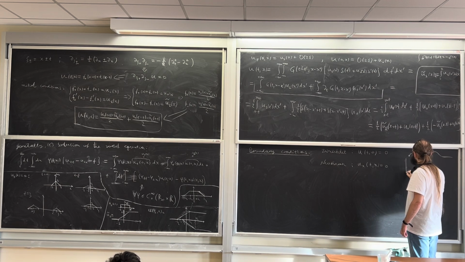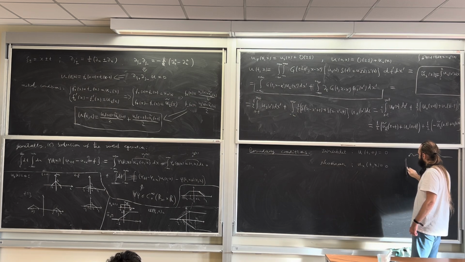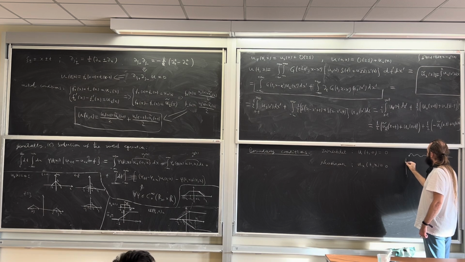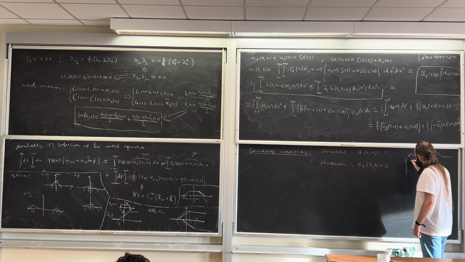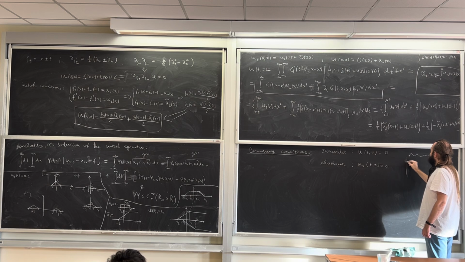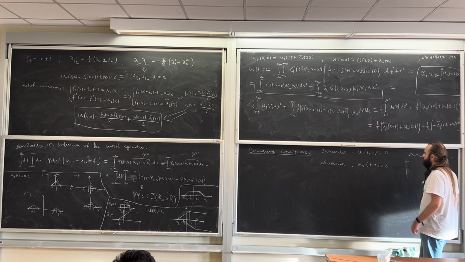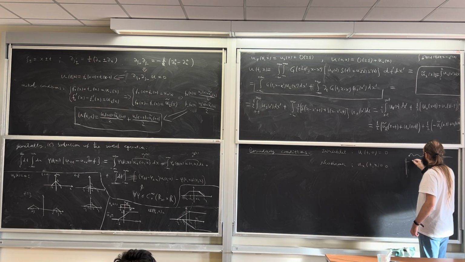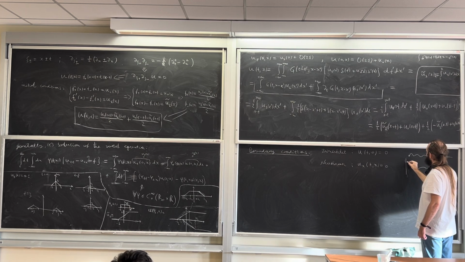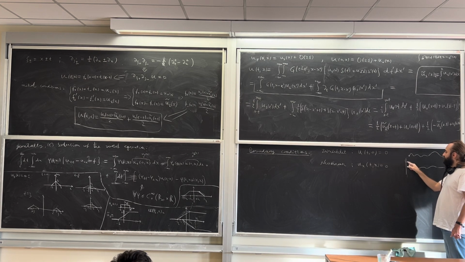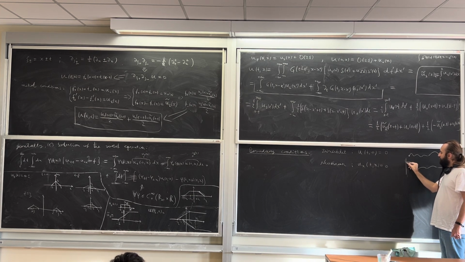We place some pole at point 0 and say that the end of a string can slide here without any friction.